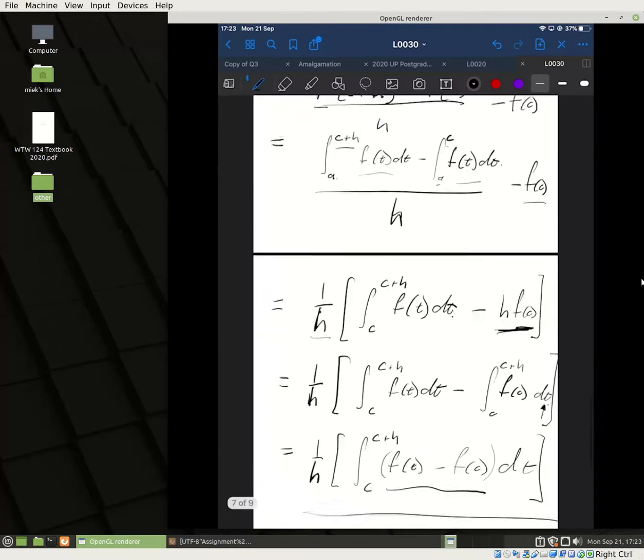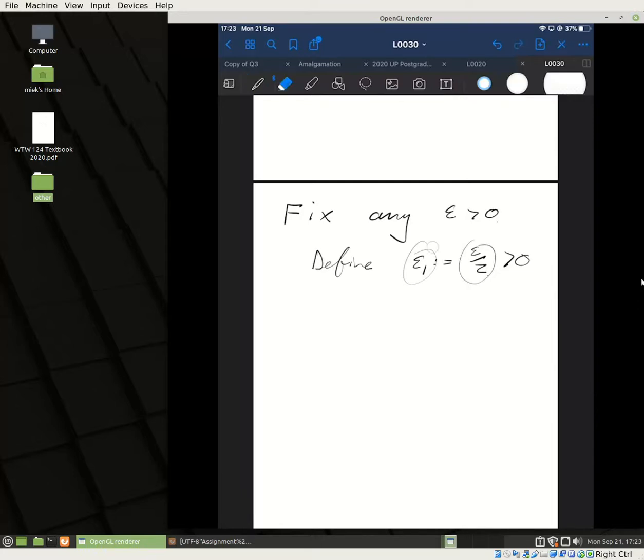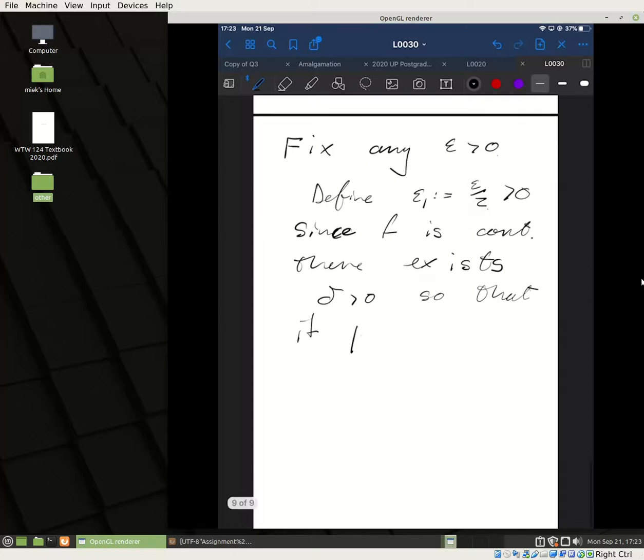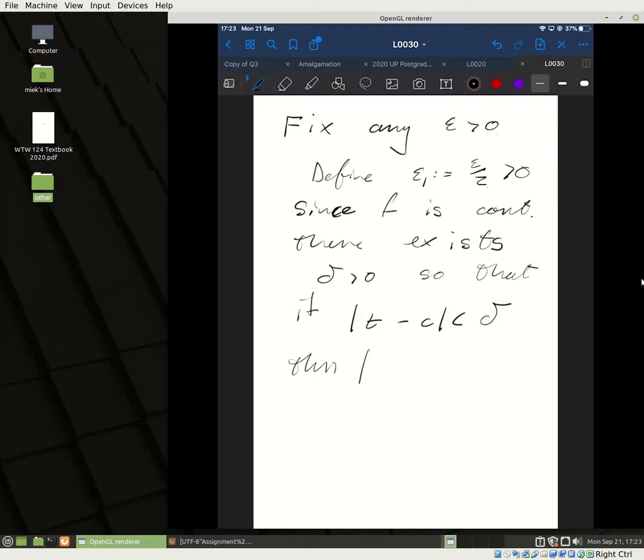So since little f is continuous, there exists, and now I'm just expanding the meaning of the word continuous, a delta greater than 0 so that if t is within a delta distance of c, then f(t) minus f(c) is within an epsilon 1 distance, which is epsilon over 2.